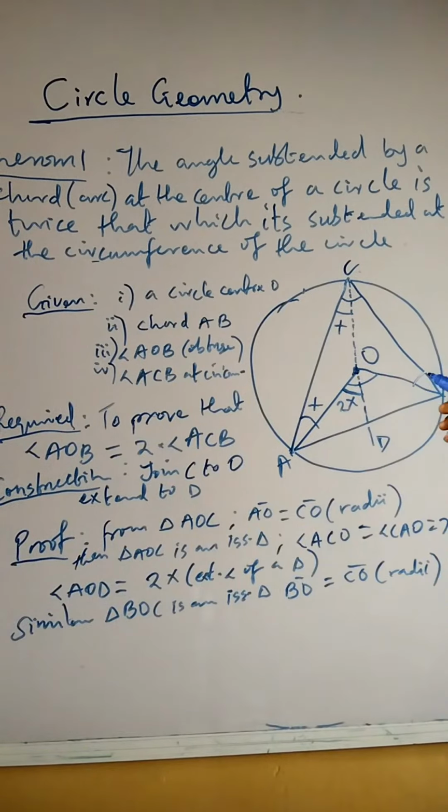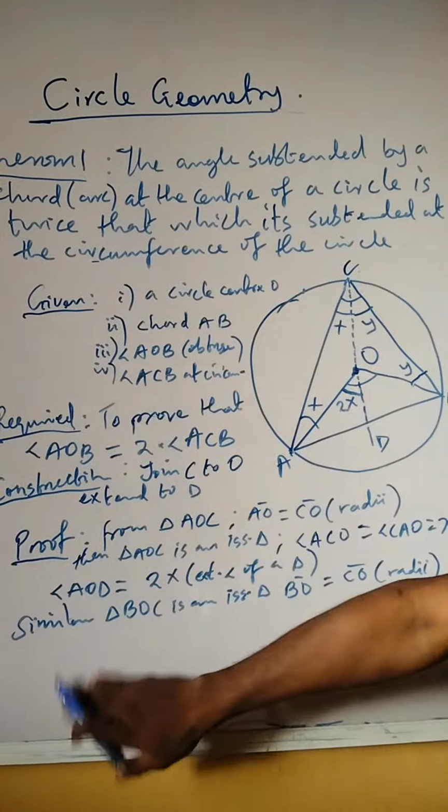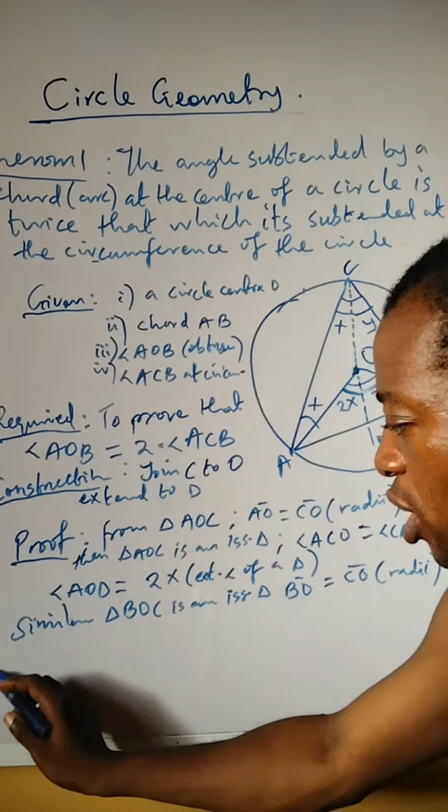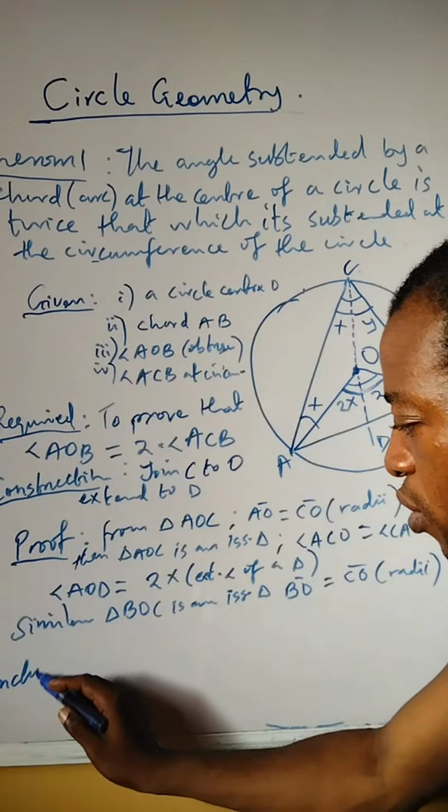This is the base angle here, that is, this angle and this angle will also be the same thing. So we label this as y and this as y. Okay, because of space, let's just put it in the diagram here. And the exterior angle here will also be equal to the sum of the opposite interior angles. You can say y plus y. This is 2y.